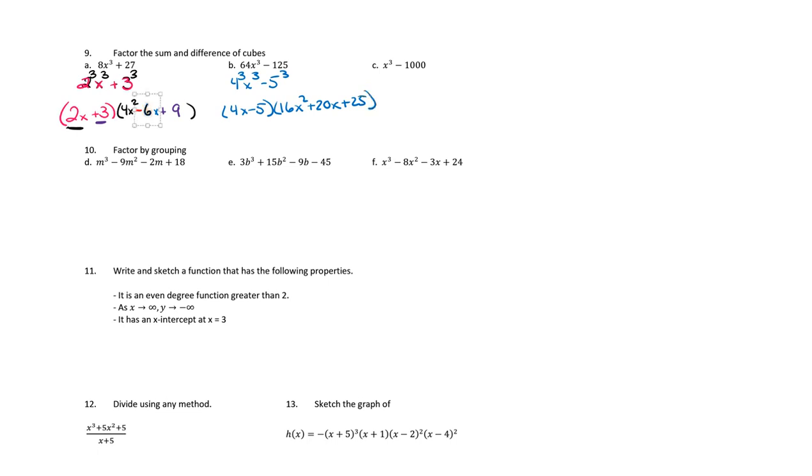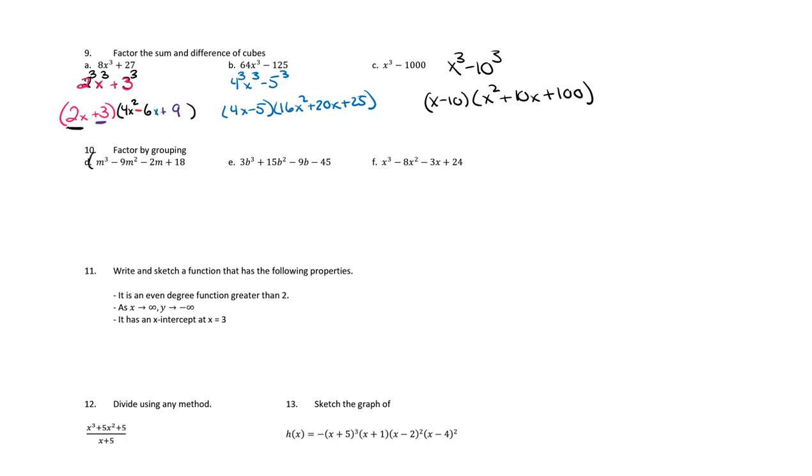And finally, this is x cubed minus 10 cubed, x minus 10, x squared, opposite sign, 10x, always positive, and 100. We seem to be pretty good on this on the quiz, so I'm having confidence that you guys can do that without me going through it step by step.